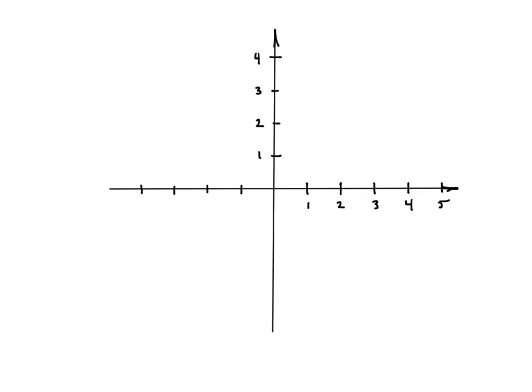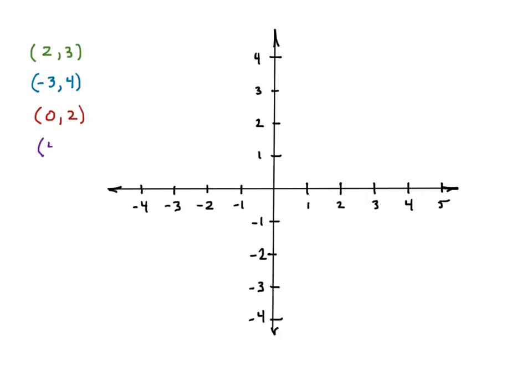Okay, so we have our axes. And so the first one, I'm going to look up y equals 3, x equals 2, because the 2 comes first. And then notice that they are intersecting, so our point is there. Same thing with -3 and 4.